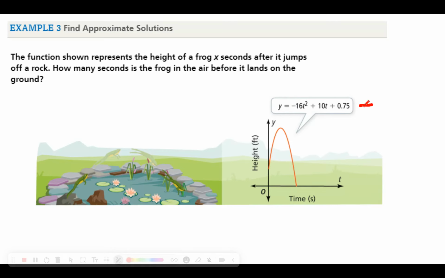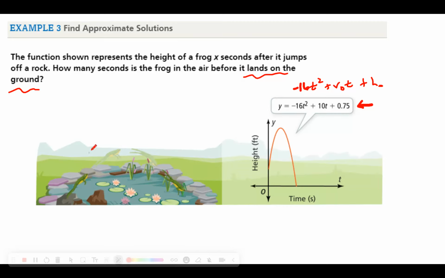This is actually that vertical velocity formula, if you remember, from topic 8. So negative 16t squared plus v sub 0 t plus h sub 0. Again, that's just extra stuff for you to know. But this is my quadratic in standard form. Now, the most important thing in this problem is lands on the ground.